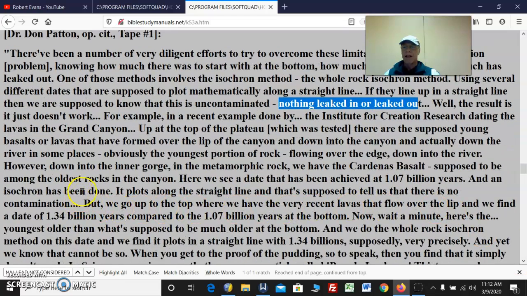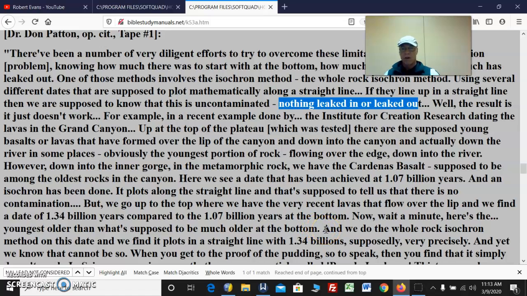And an isochron has been done, it plots along a straight line, and that's supposed to tell us that there is no contamination. But we go up to the top where we have the very recent lavas that flow over the lip, and we find a date of 1.34 billion years compared to the one at the bottom, 1.07 billion. Now wait a minute. The youngest is older than what's supposed to be much older at the bottom.